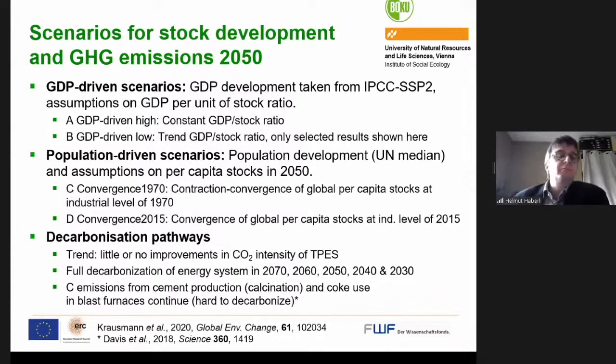Or we would get to a globally equal pattern by converging at the level the industrial countries have now, which would mean that in the industrial countries, stocks would not continue to grow. So we would have zero stock growth in the industrialized countries. Of course, this is a thought experiment, but it is perhaps interesting to see how it influences material stock development and greenhouse gas emissions.